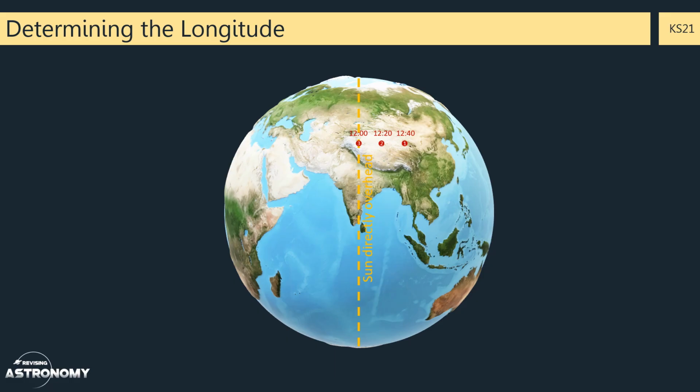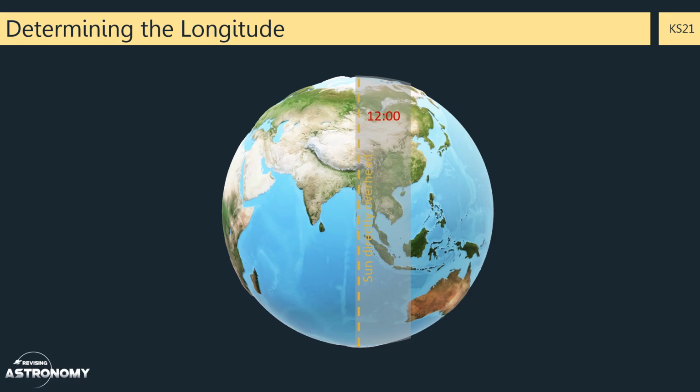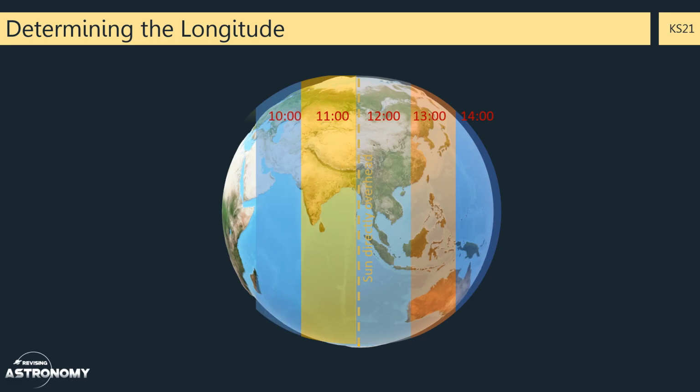So to make it easier, we group these areas into zones with a common time, say 12 o'clock, where all locations share the same close time. We call these imaginatively time zones. And then the next location has another time zone, generally grouped in hour blocks, getting later as you go round the globe and earlier on the other side.